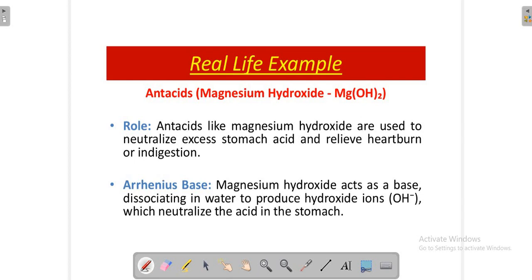That is the basic ions, and these ions react with the acid present in the stomach, and the excess amount of acid is neutralized by the magnesium hydroxide. Therefore, this magnesium hydroxide acts as an antacid. So it's a real life example, and you can remember that magnesium hydroxide is an example of an Arrhenius base.